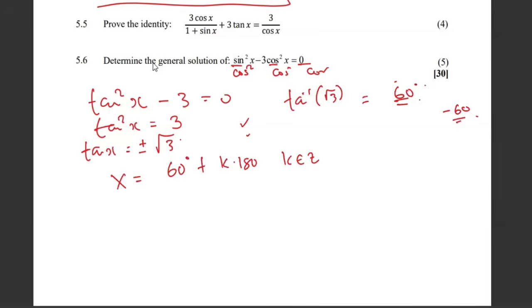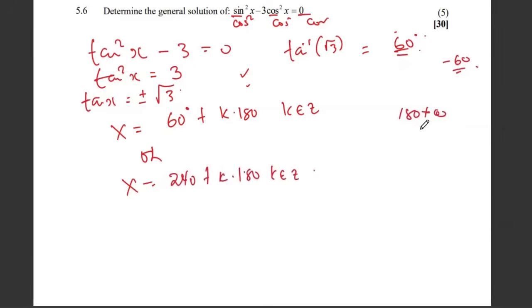And then alternatively, in the third quadrant, it will be 180 plus 60, so it's 240 plus k times 180, k an element of integers. Okay, so that becomes the last part of question number 5.